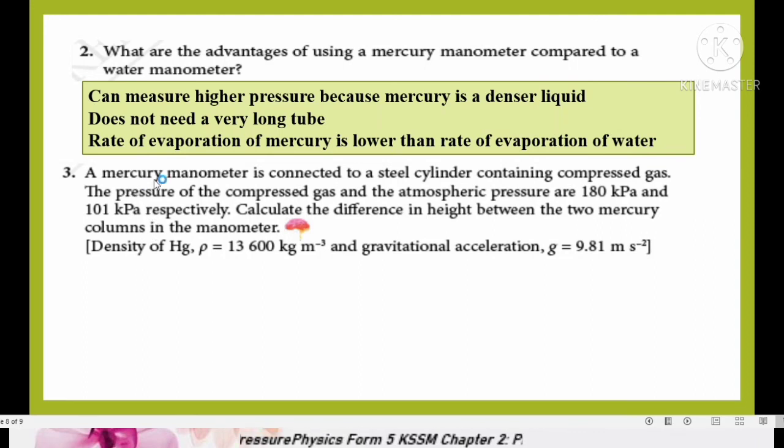Number 3, a mercury manometer is connected to a steel cylinder containing compressed gas. The pressure of the compressed gas and atmospheric pressure are 180 kilopascal and 101 kilopascal respectively. Calculate the difference in height between the two mercury columns in the manometer.